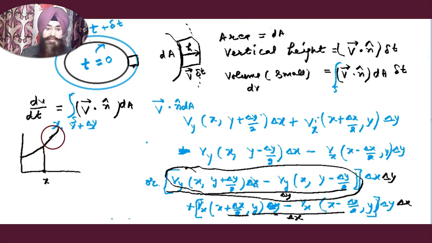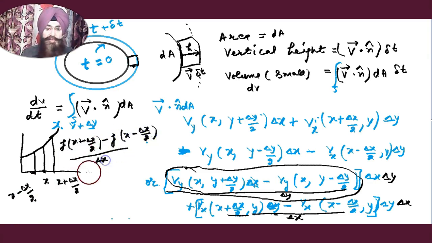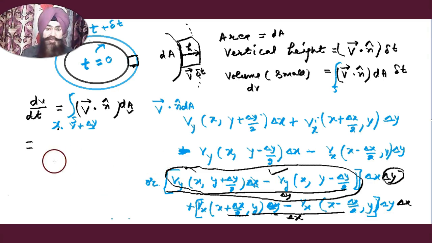So if we are having a function, here the value is x and the total span is delta x. So this point and this point have coordinates like this. So there is some function, and the change in the function divided by delta x is called curly f by curly x.